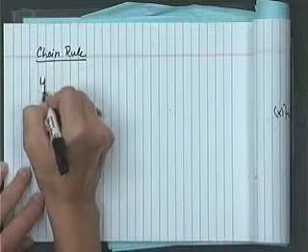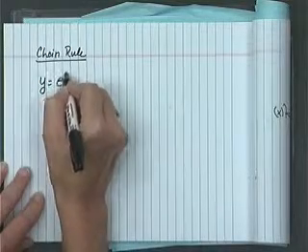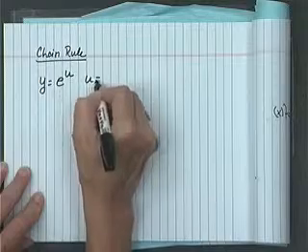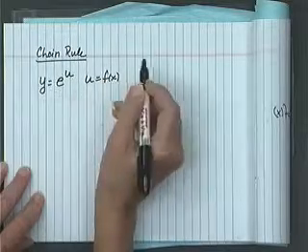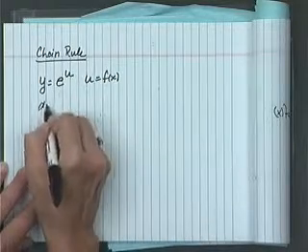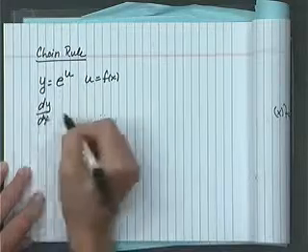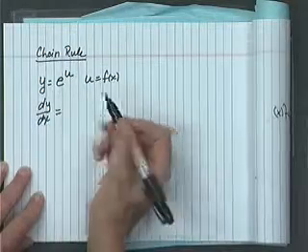So the chain rule for this is when we have y equal to e to the u, where u is some function of x. But we want the derivative of y with respect to x.